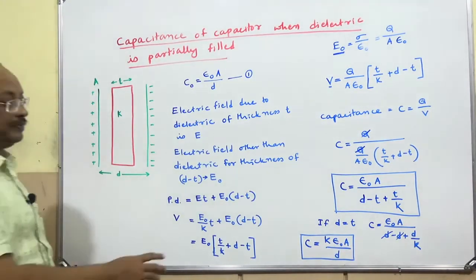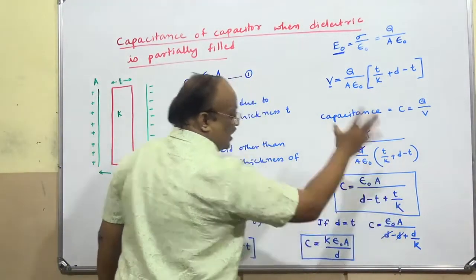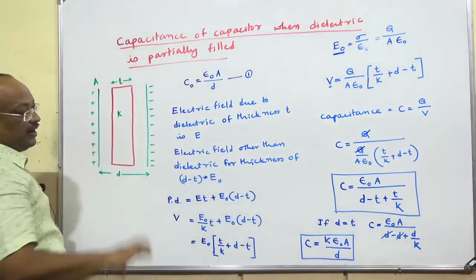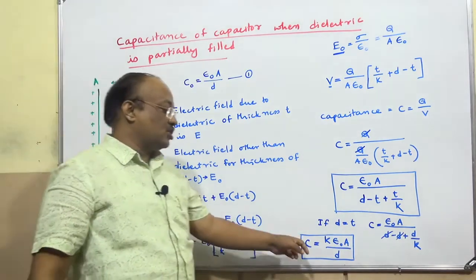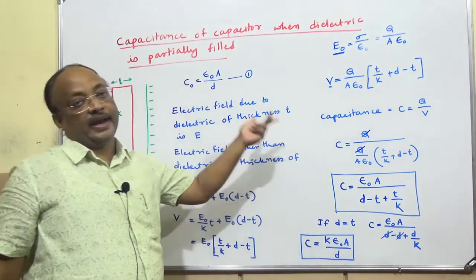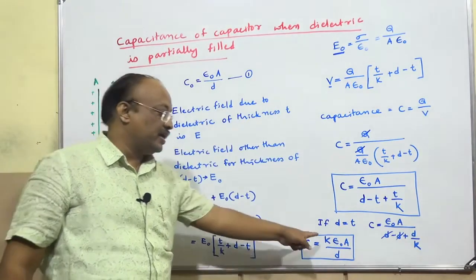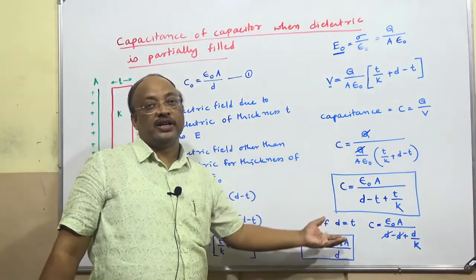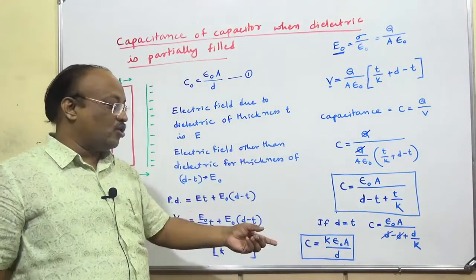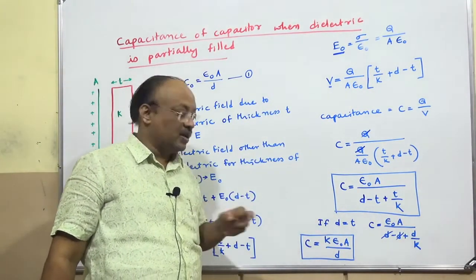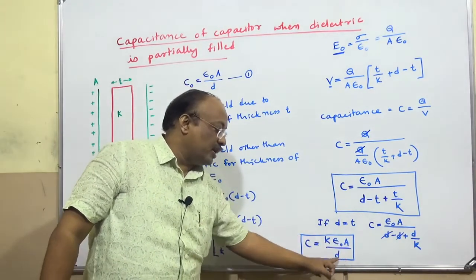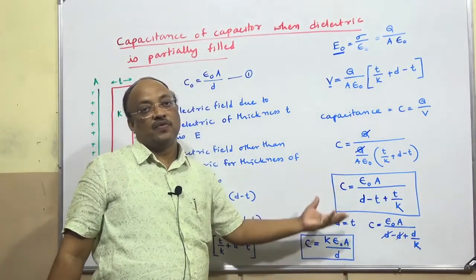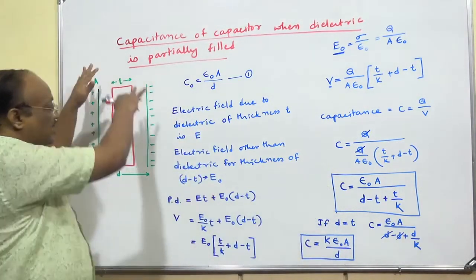If it is completely filled, the whole space, the capacitance increases by K times the initial capacitance when vacuum is present.